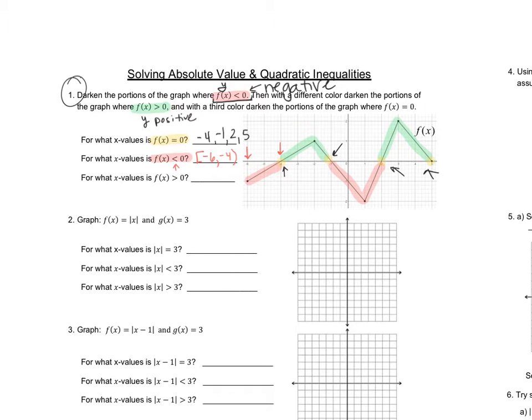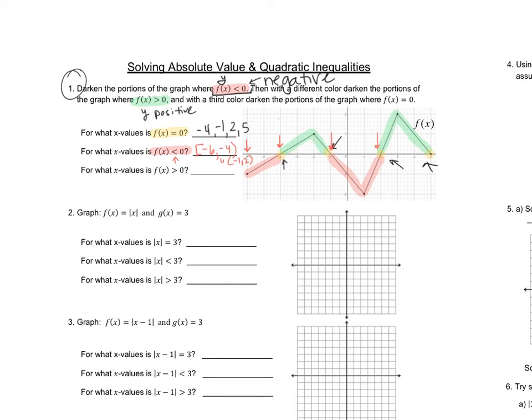And then we also have, starting from the -1 to 2, both of those not included because that's where we equal 0. Then the part where we're greater than 0, that's looking at those green sections. So again, the important numbers are going to be where we equal 0.